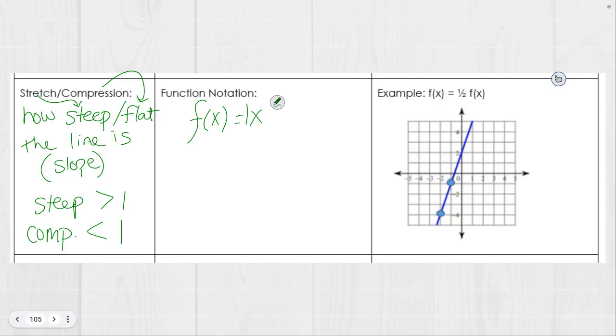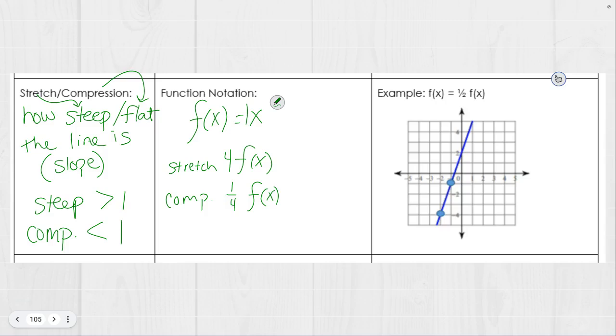So if I were to stretch, it might be f of x, and I might have, so stretch is bigger than 1, so 4, and then f of x. 4 in front of the function. For compress, it's going to be a value less than 1. That's when we've got our fractions. So we could do 1 over 4.